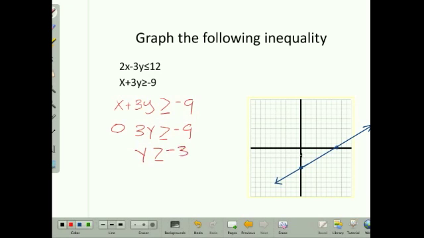On my y line, I'm going to plot a negative 3. And then I'm going to solve for x by replacing y with 0. In this case, x is going to be greater than or equal to negative 9. On my x line, I'm going to find negative 9.